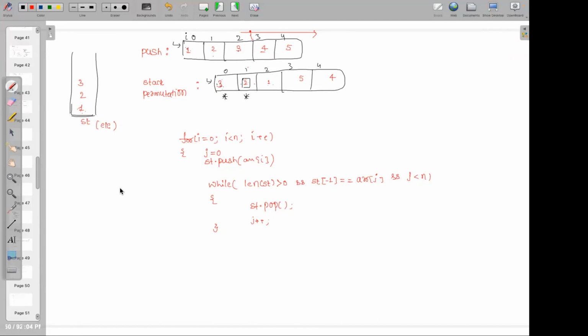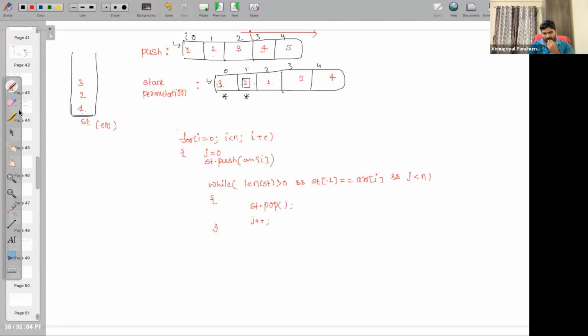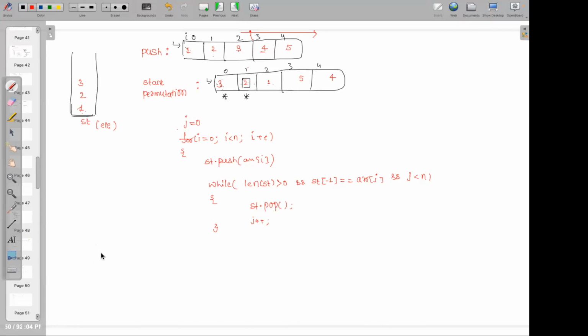Sir, j is outside the loop. Put j outside this for loop. Okay. Does it work now? Yes, sir. Okay. Can anyone tell me, friends, does it work?